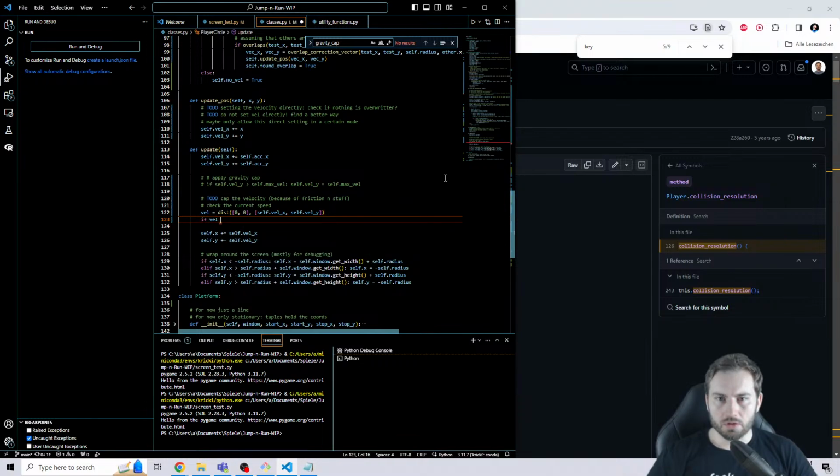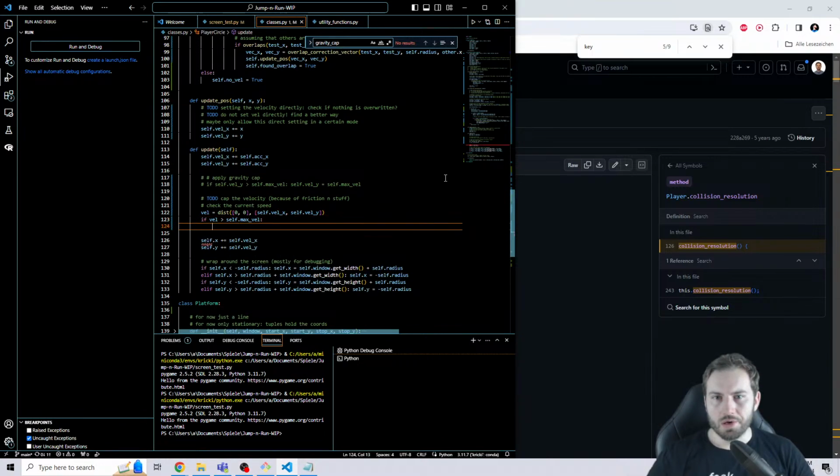If val is larger than self Maxwell, now we need to adjust the velocity so that it's going at the maximum velocity.